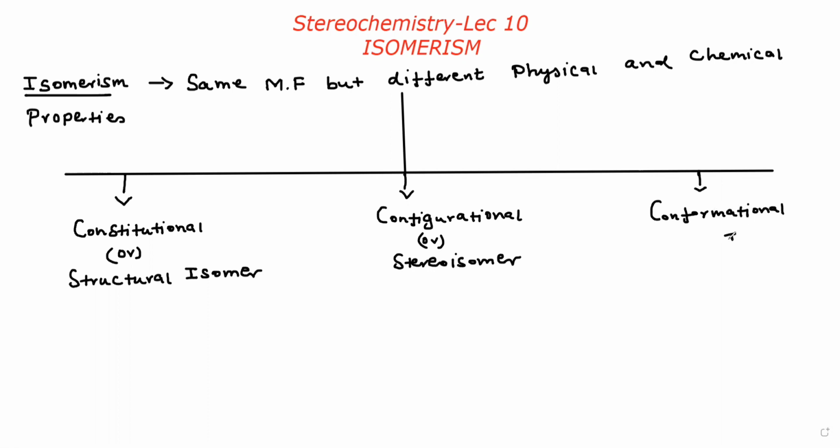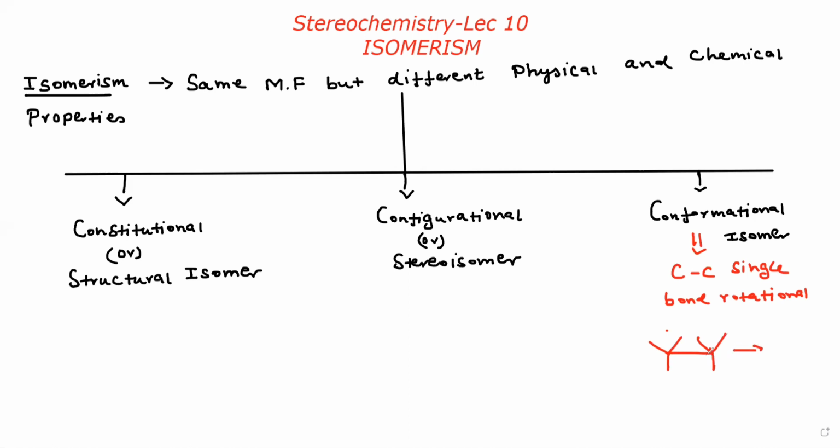Now what is meant by conformational isomer? Whenever the compound undergoes carbon-carbon single bond rotation, it is known as conformational isomer. For example, I take the eclipsed form.